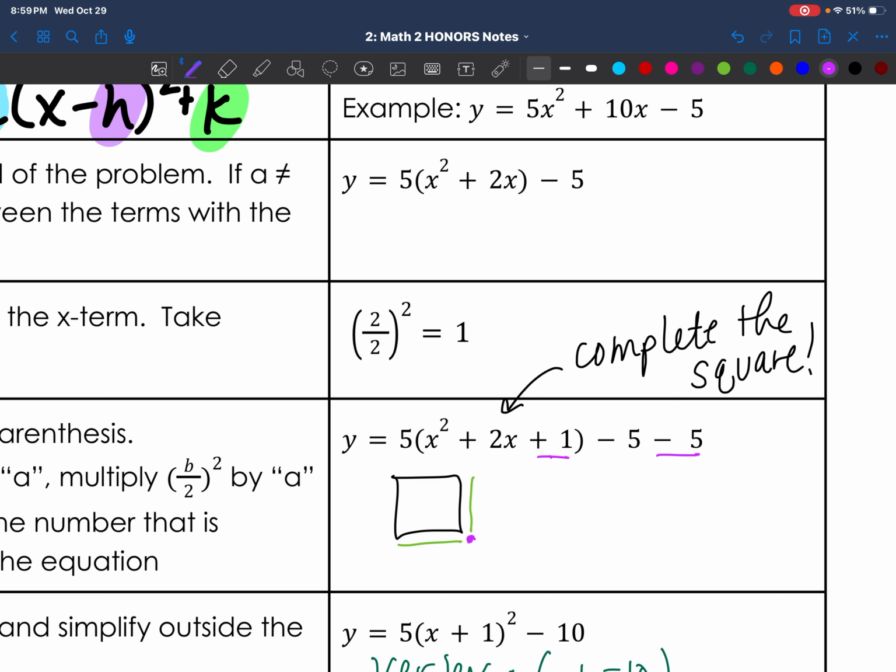Just as a reminder, you would have 5 of those, so that's why we're going to keep this here. Now here's where it's different from what we did before. If you notice, we left this part here. When we completed the square and added 1 here, since we're on the same side of the equation, you have to do the opposite sign, because we want to keep it balanced.